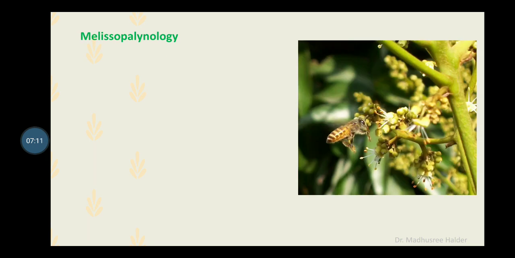Next branch of Palynology is Melissopalynology. Here is a picture of a honeybee moving around a flower. Melissopalynology is the branch of palynology that deals with the study of pollens found in honey.